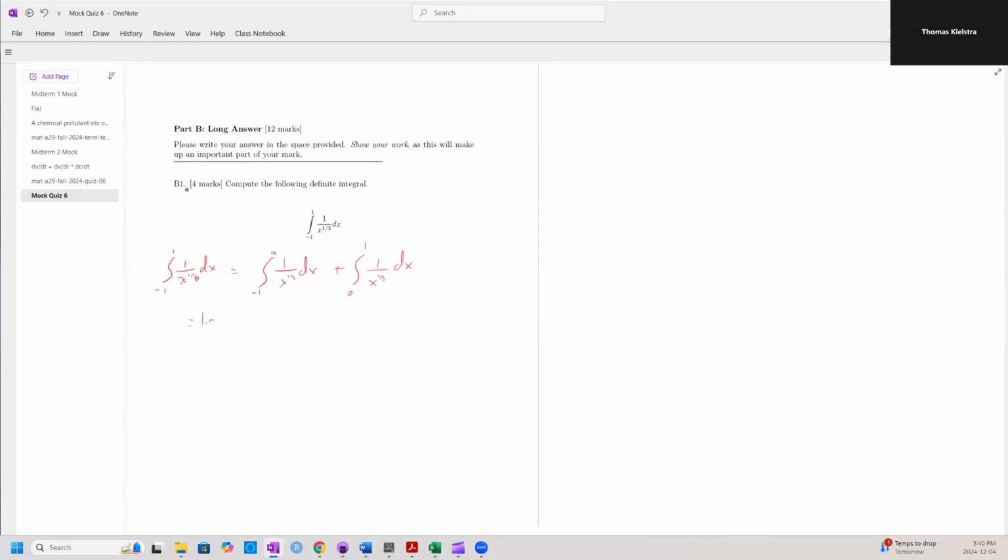So it's the limit as b approaches 0 from the negative of the integral from -1 to b of x to the -1/3 dx, plus the limit as a approaches 0 from the positive of the integral from a to 1 of x to the -1/3 dx. The reason why I changed the expression for the power is to make the power rule easier.